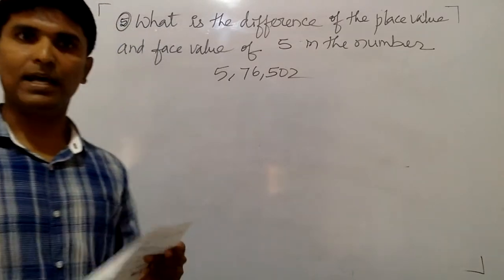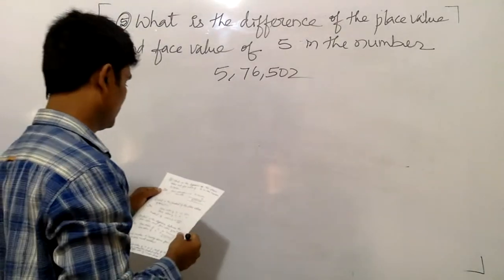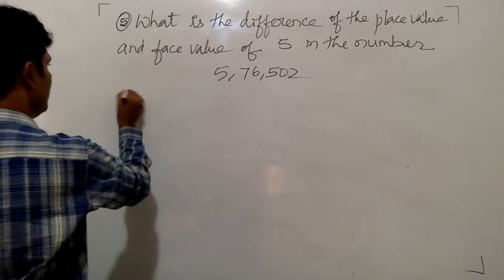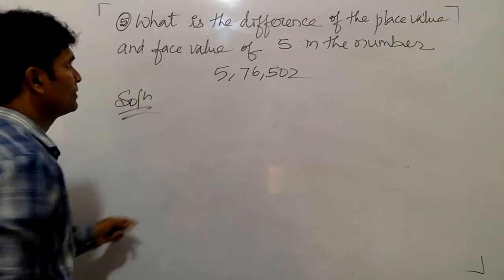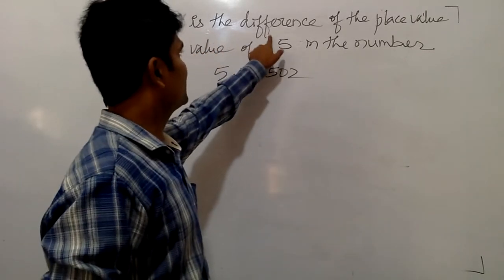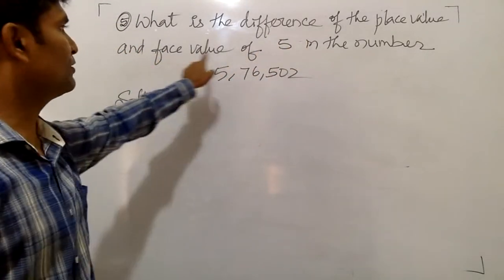This problem has been asked in a previous examination. Okay, solution. We have to take the difference of the place value and face value of 5.